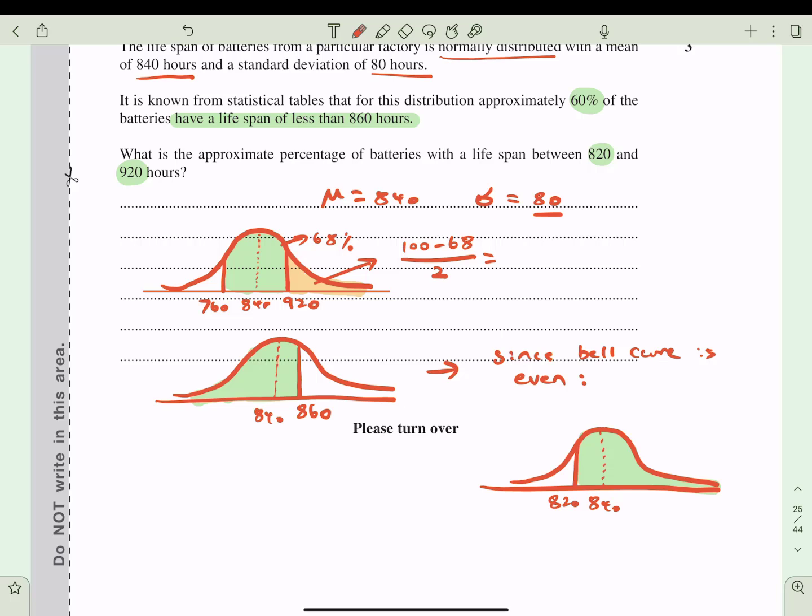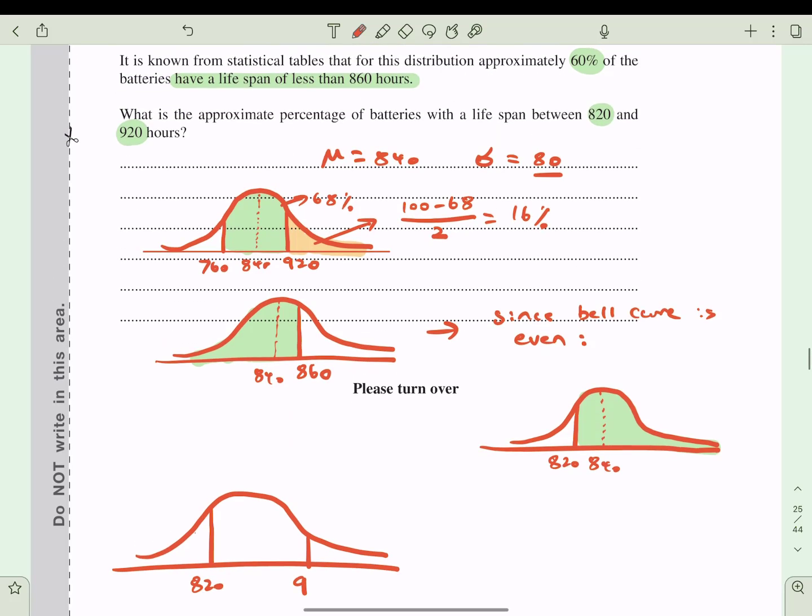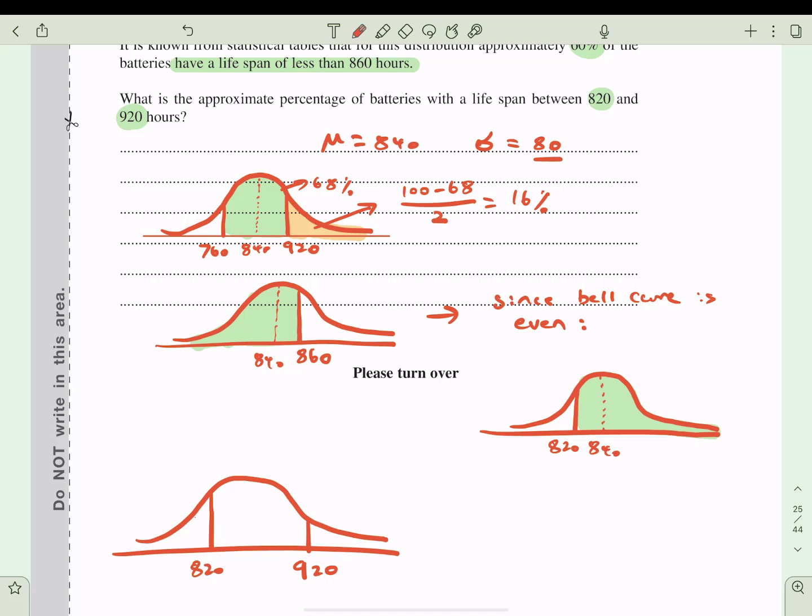Okay, so that's why we divide by 2. That's equal to 16%. So in other words, the question is essentially asking us to find, so this is 820, and this is 920, this orange area here.